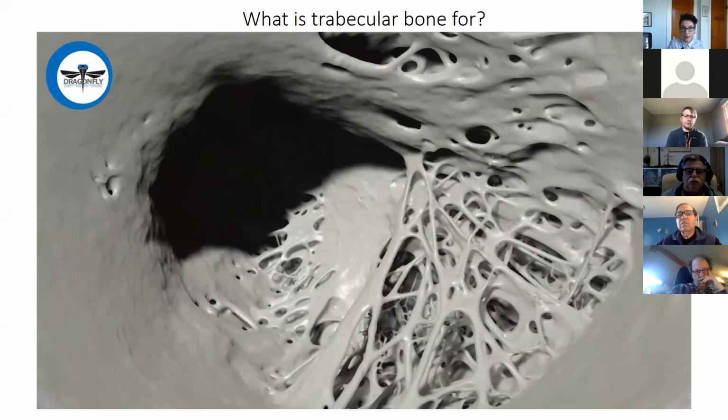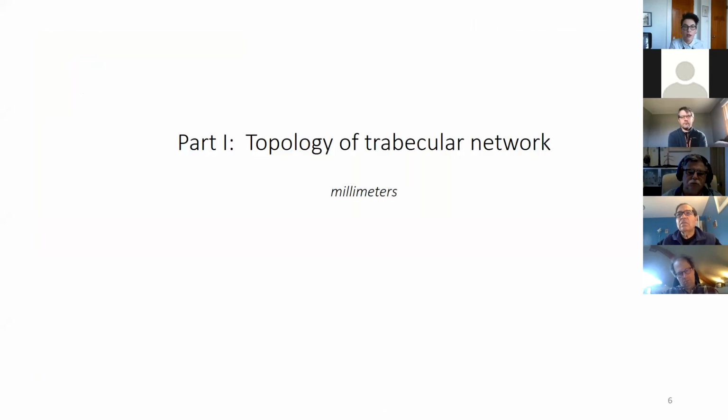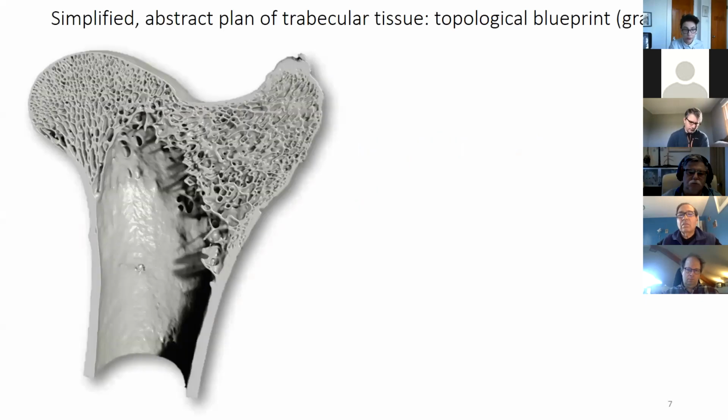And the question that intrigued me for a long time was, what is the point? Why nature puts such a delicate structure that can be easily broken on a dry specimen in the heavy-duty locations such as the spine or the hip or the knee? So this brings me to my story number 1, the topology of trabecular network.